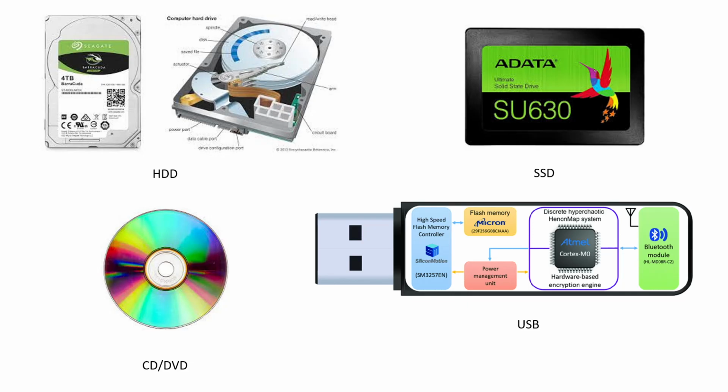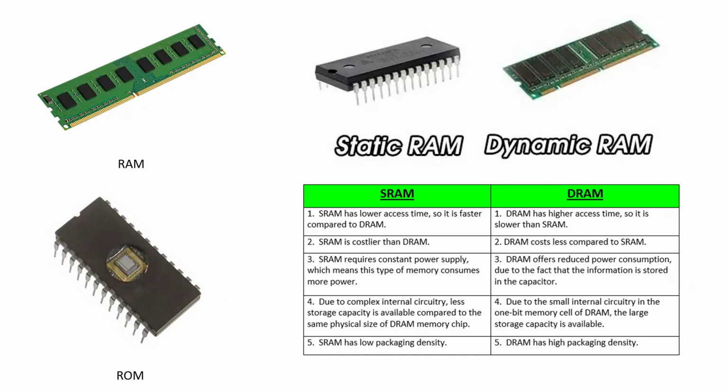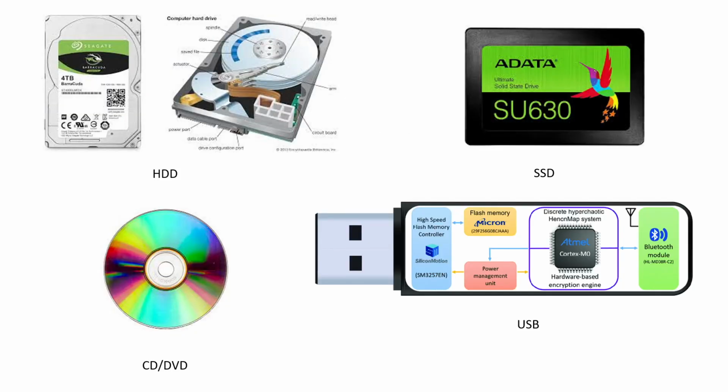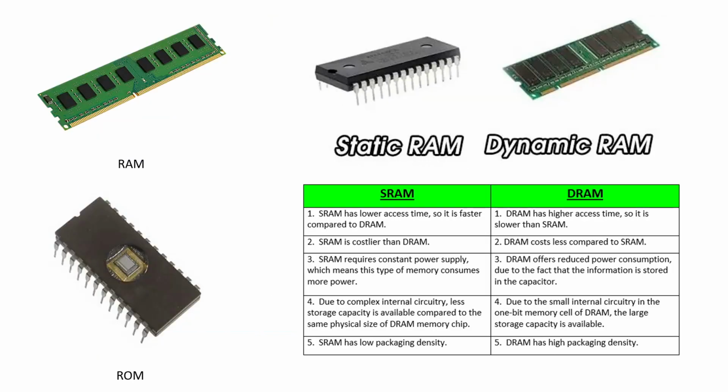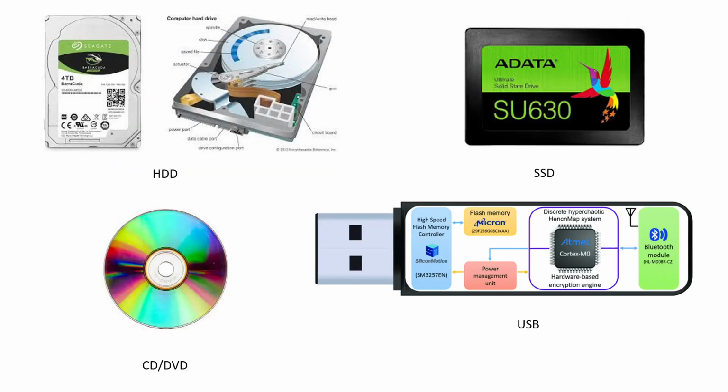So this is also a storage device. Basically, everything you see here on this slide and on this slide are storage devices. The RAM and ROM being primary memory devices, and the others are secondary memory devices.